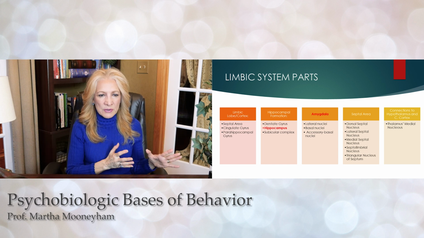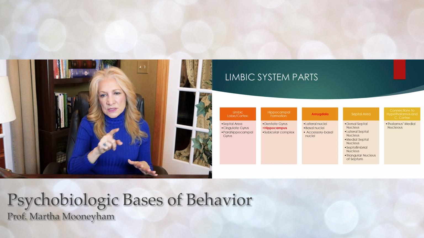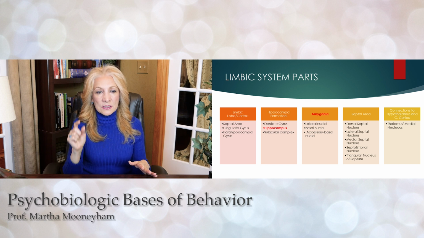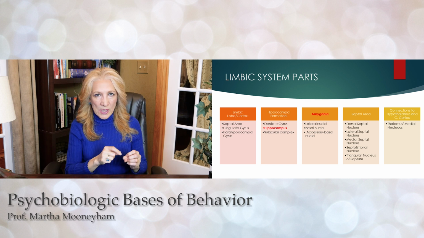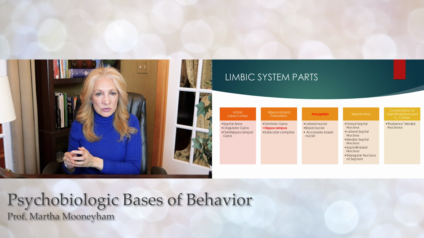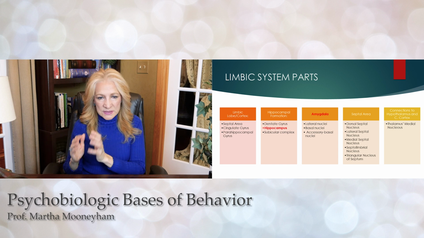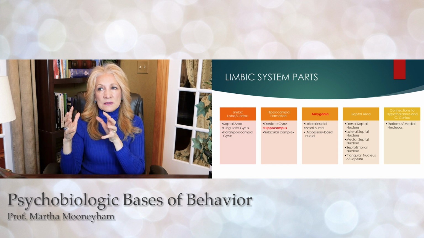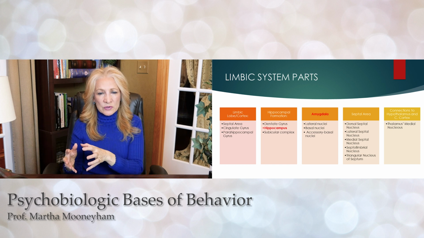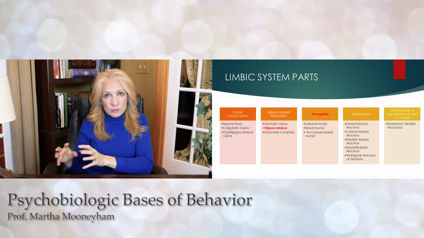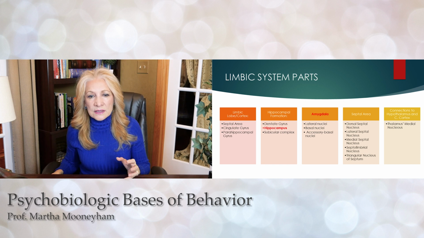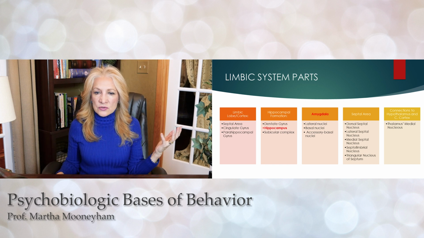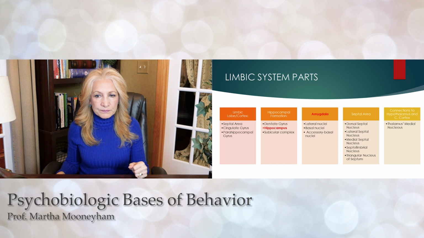I'm not too concerned about that. I do want you to notice, as you can see in red on the slide, the hippocampus. I already told you why, because this is where we store memories. The amygdala, I already said why, because this is what attaches feelings and emotions to those memories, which will determine future behavior, of course. And the septal area and the connections to the hypothalamus.